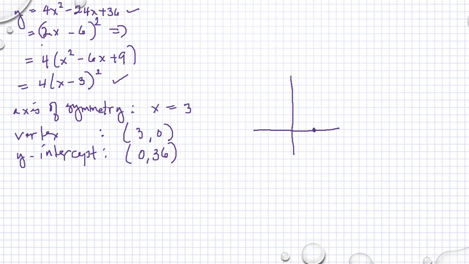That is also my axis of symmetry. And 36 there. It will look like this. And on the other side. Okay.